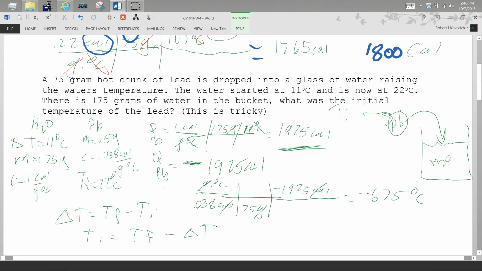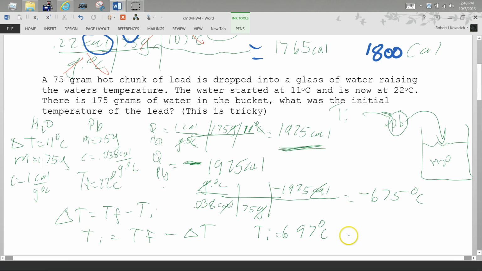Are we okay with me saying that? So now it's 22 minus negative 675. So then I get a big positive number, 697. So then my temperature initial is 697 degrees Celsius.